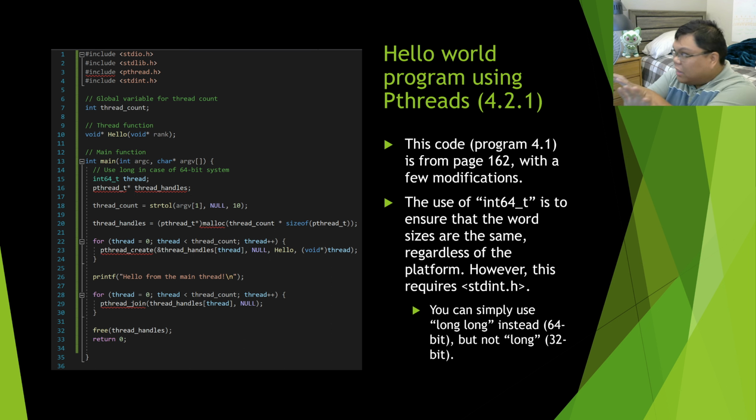To make sure there's no ambiguity at all, I included stdint.h, and I used the data type int64_t instead of using, say, long int. But you can use long int. Just be mindful that it might be dependent on the platform. So yeah, that's the first modification I had to do.